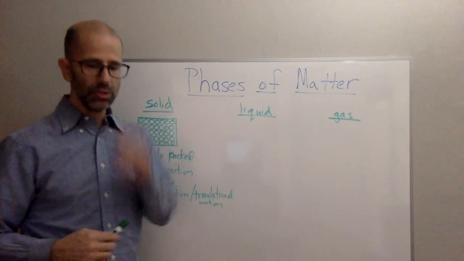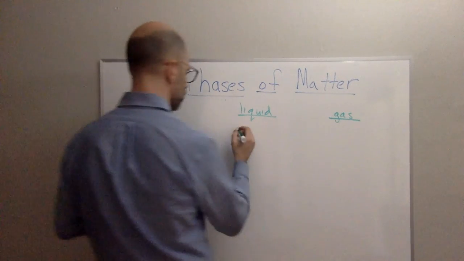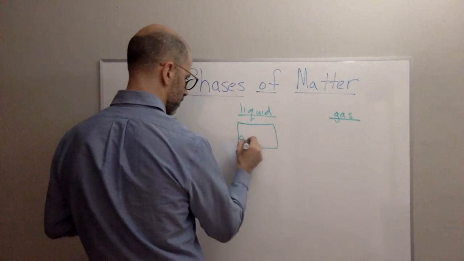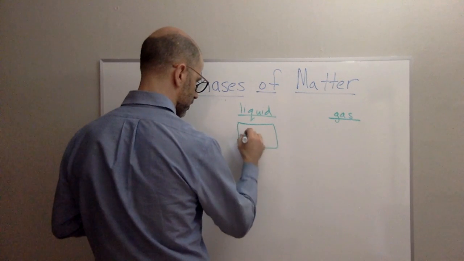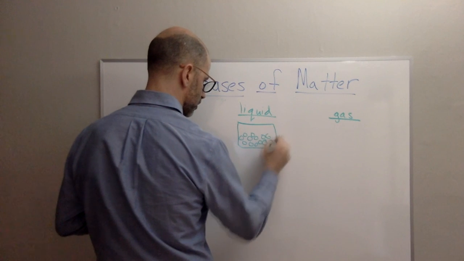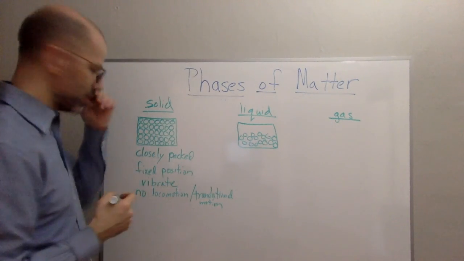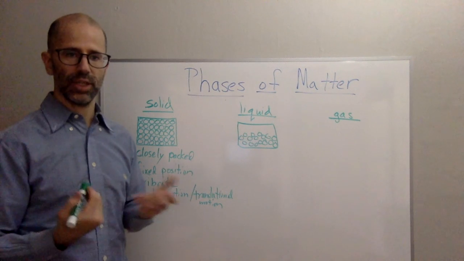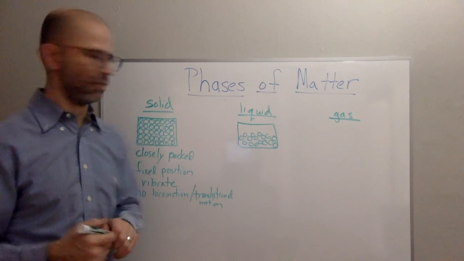Okay. So what about liquids? So if I draw a picture of a liquid, then you're not going to get as nice of a pattern. So they're going to be not as closely packed as a solid, but really when we're talking about the difference between liquid and solid with respect to how closely packed they are, there's not much of a difference.